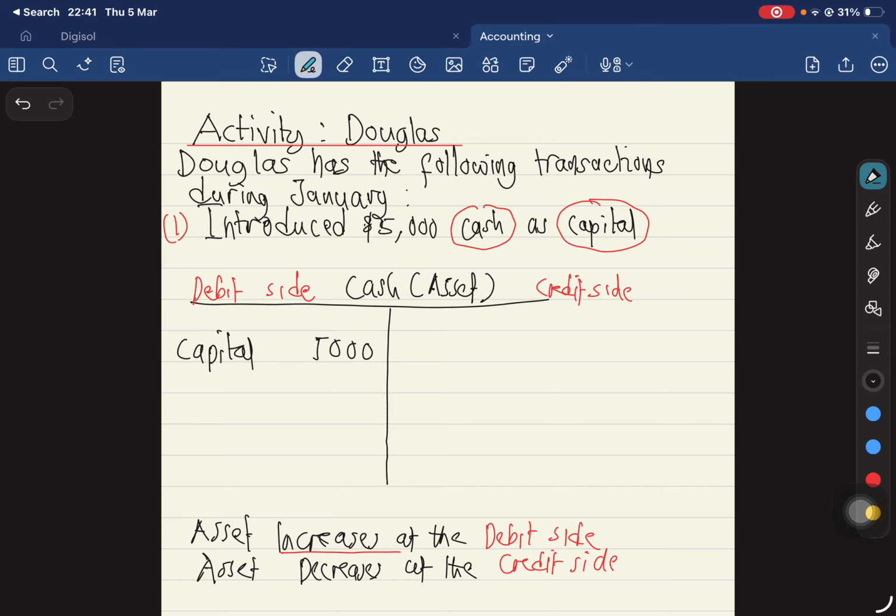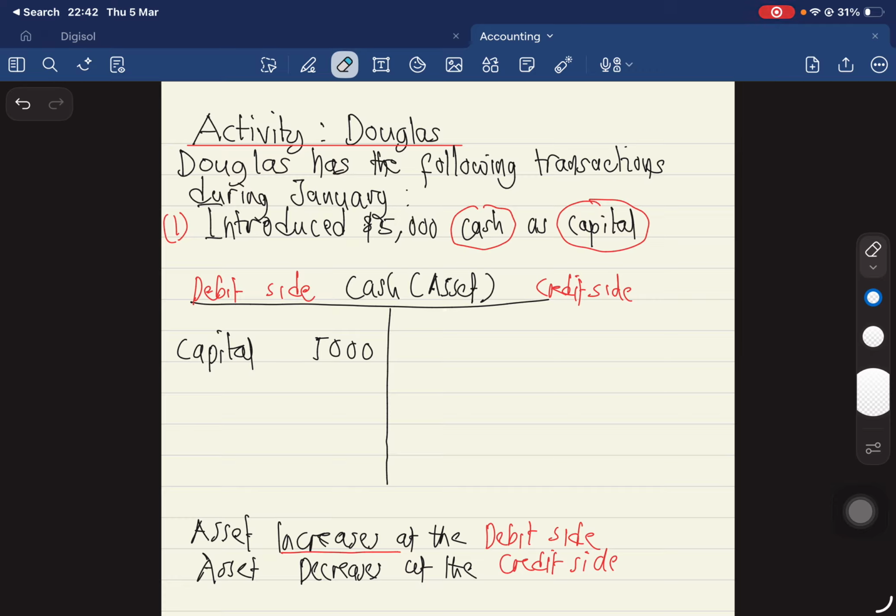The cash we now have as a business has decreased, and cash decreases at the credit side. So cash will decrease at the right side of the T account, which is the credit side.